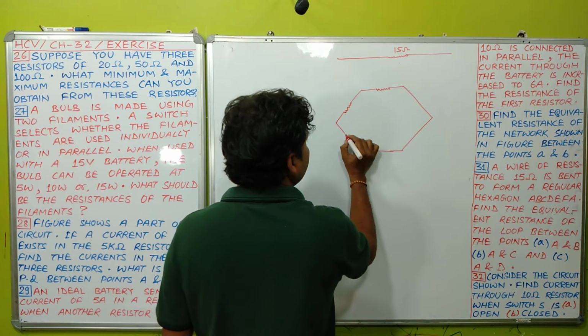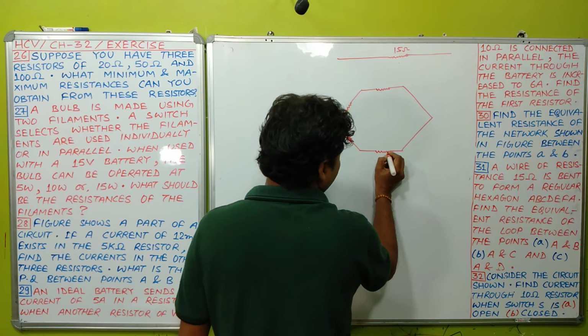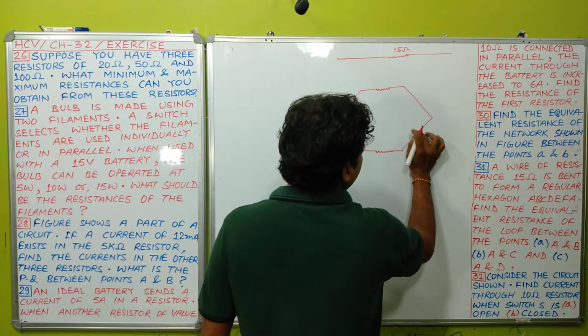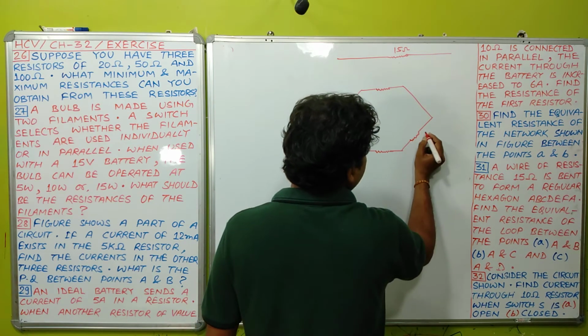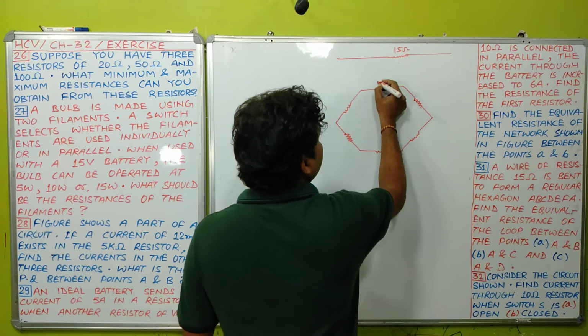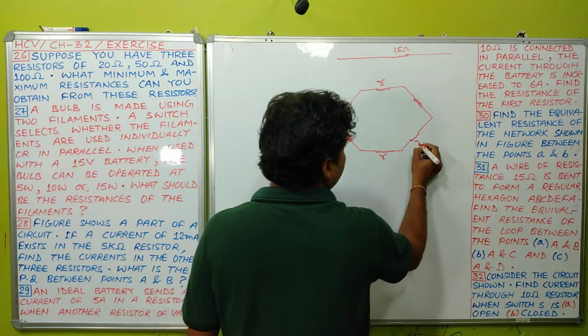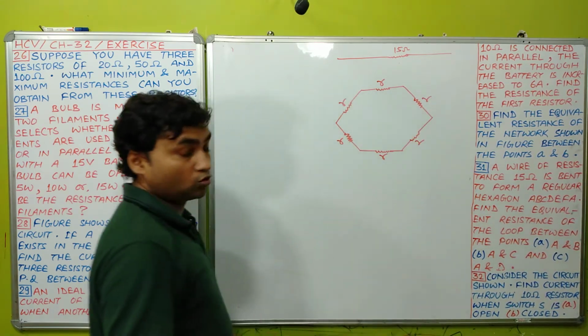Resistance of each side of this regular hexagon will be the same. Means to say if its value is R, the others are also R. Why?